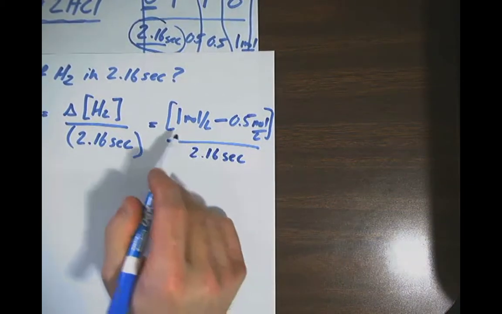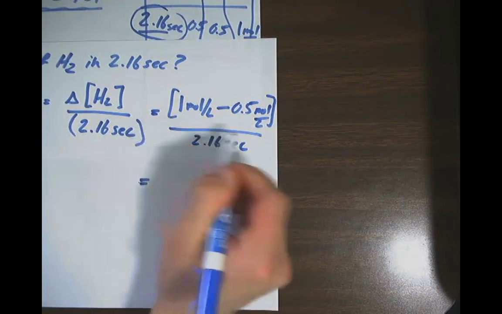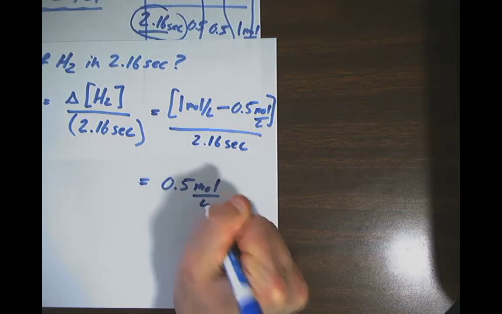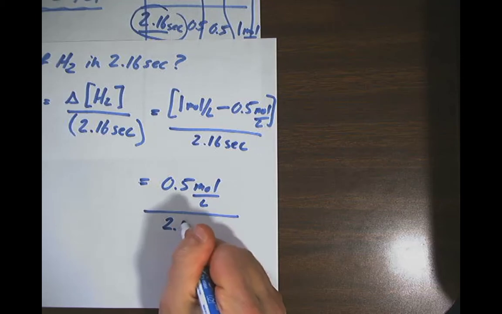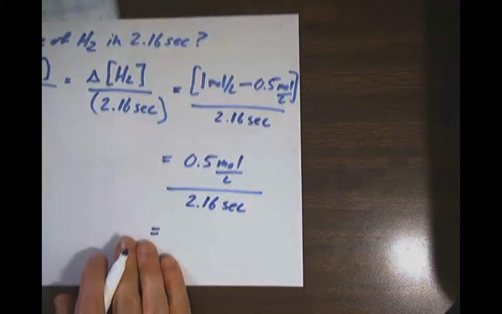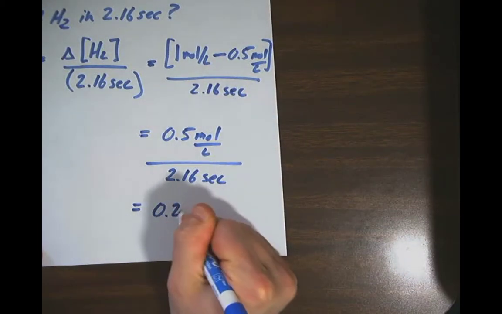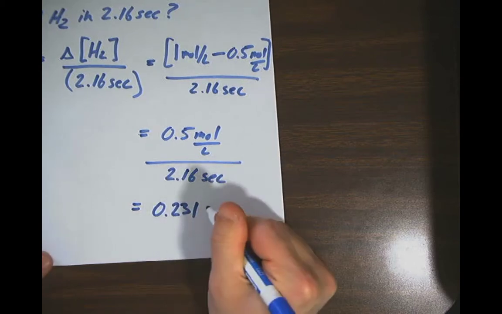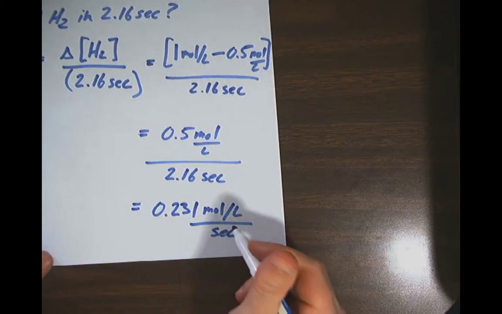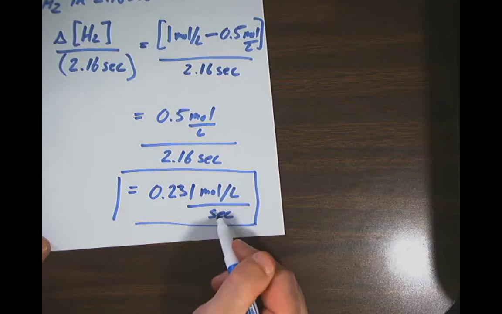And then you just work out the math. Then it's no big deal. Then it would just be 1 minus 0.5 gives you 0.5 moles per liter all over 2.16 seconds. And that comes out to be 0.231 moles per liter per second. And that is a concentration over time.